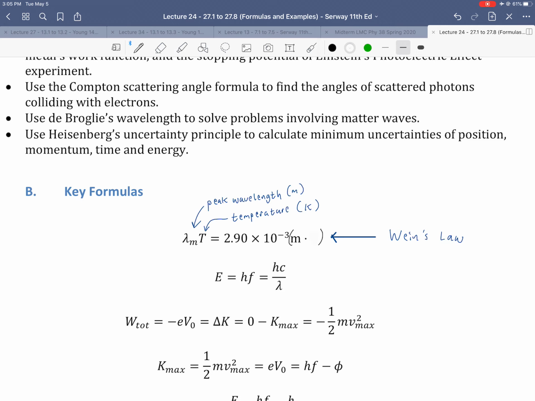So it should be meters Kelvin. There we go. So again, this is just a constant, and that constant happens to have units of meters Kelvin. Peak wavelength times temperature is always equal to 2.9 times 10 to the negative 3 meter Kelvin. Pretty straightforward relationship, remarkably useful, and let's put it to use.